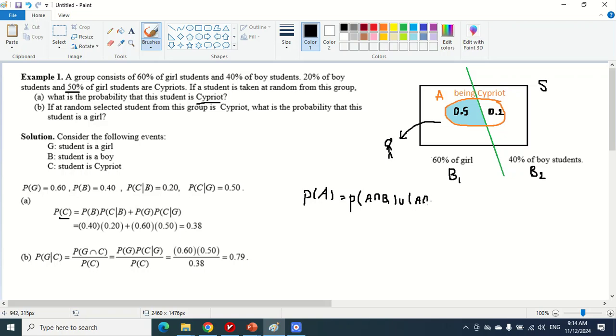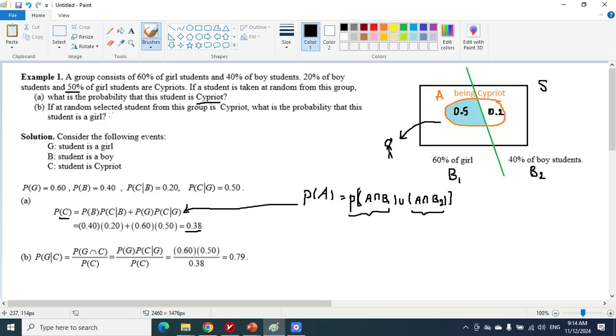And since the given sets are disjoint, or mutually exclusive, and indeed they are a partition for the given space, we can use the additive rule. Then it's the probability of the first one plus the probability of the second one, and based on the multiplicative rule we can rewrite them by the given formula, and by calculating the values and multiplying them, it's going to be 0.38.